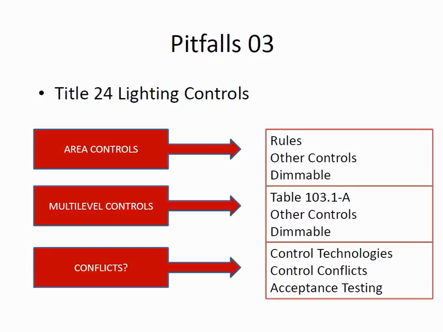Because complicated, conflicting, and hard-to-decipher design standards exist concerning area controls and multi-level controls, we're going to spend some time here. Remember, these controls do not require acceptance testing per se, as they are just multi-level controls and area controls.